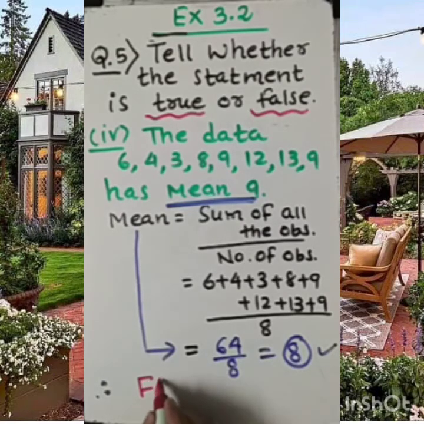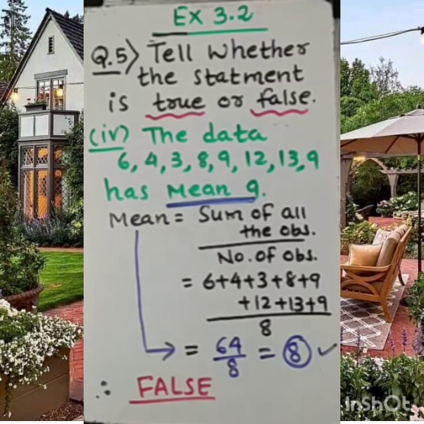So without calculating we can't come to the conclusion whether it is true or false. So first of all, these things we have to do in the rough column, or somewhere on the rough side we have to do the calculation. Then only we can come to the point whether it is true or false.